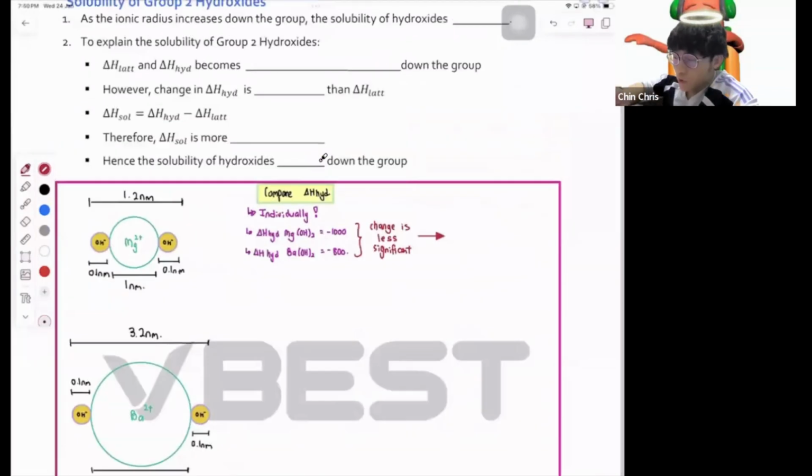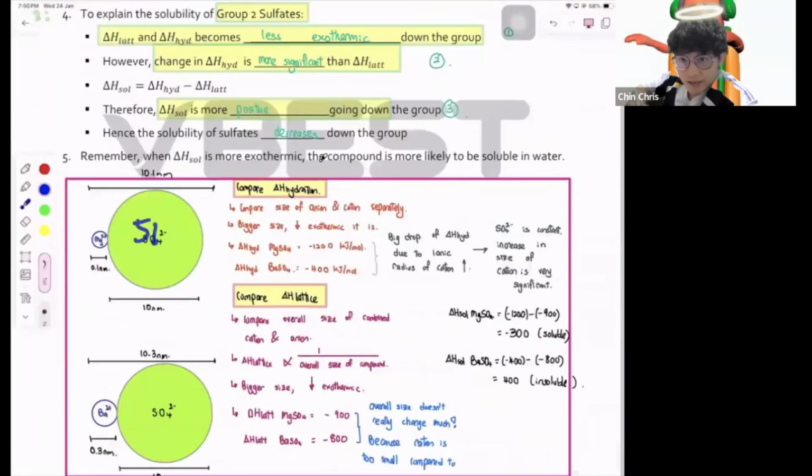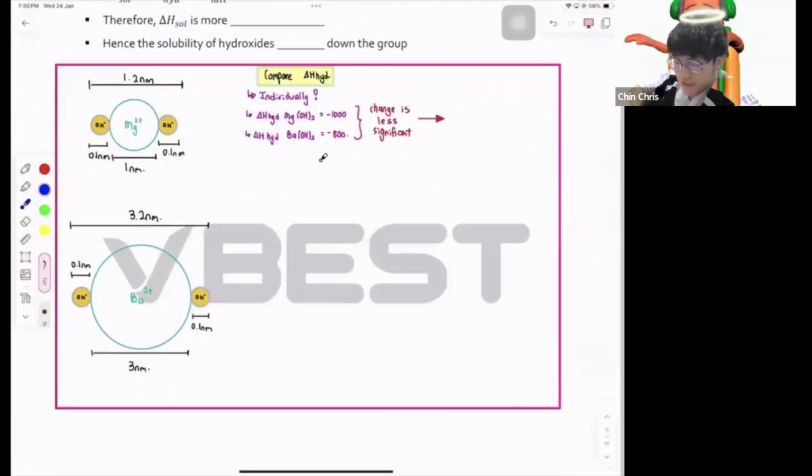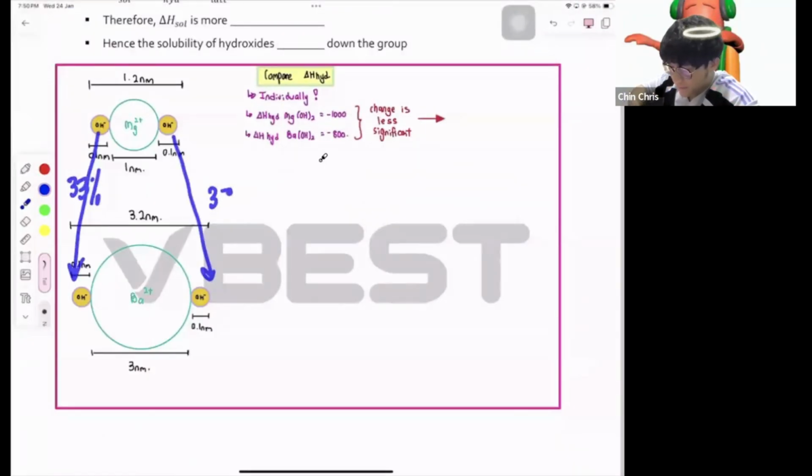Just now, we were talking about 50%, 50%. 50% constant, 50% changes. So which is why the change is very significant. Now, if you were to separate individually, 33%, 33%, 33%.